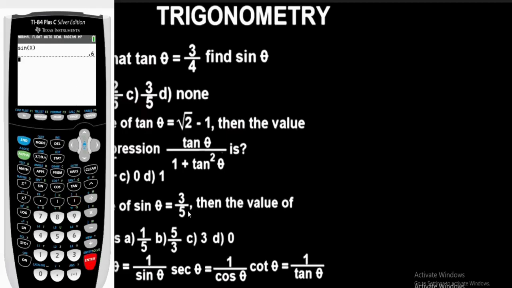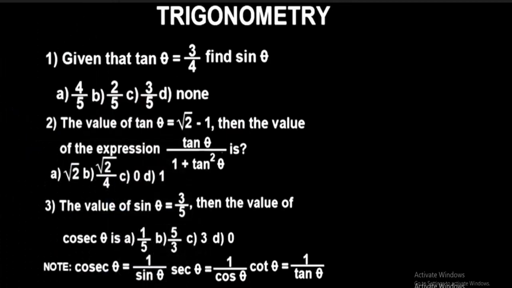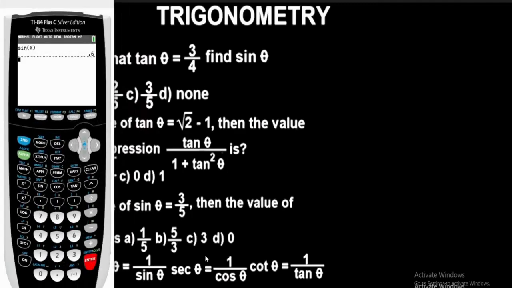Right now let's check which option will give us 0.6. I think it will be option C. Let's simplify option C, 3/5. 3/5 should give us 0.6. So press alpha, this button, 1. So we have 3/5.